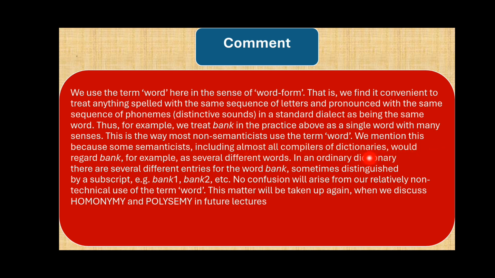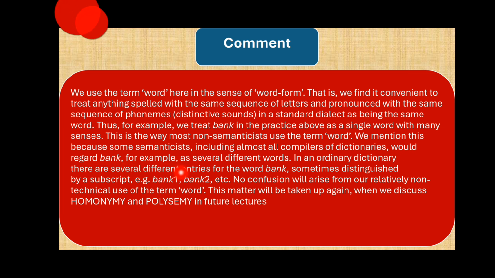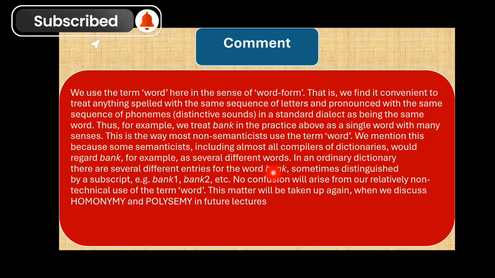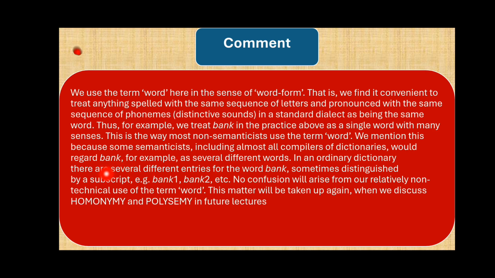So we mention this because some semanticists, almost all compilers of dictionaries, would regard bank, for example, as several different words. So some of the lexicographers, or we can say those who make dictionaries, will say that for bank there are 4 different words.